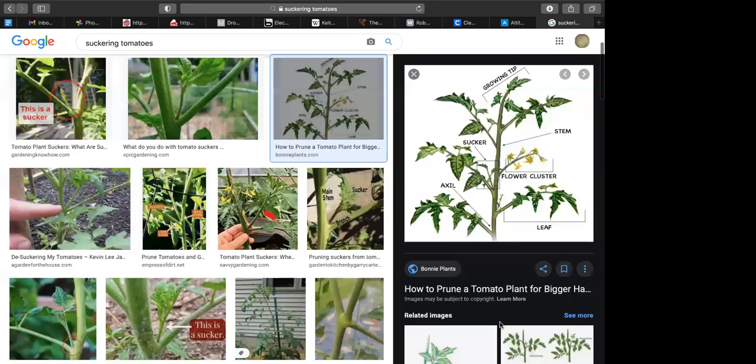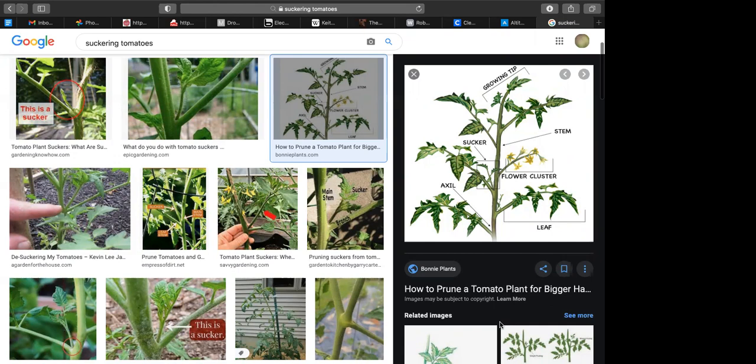Kelly, I pulled up a Google image, if you want to reference it. I'm going to screen share it. So in this picture, the big picture on the right side, that's a tomato that's only 1 leader.